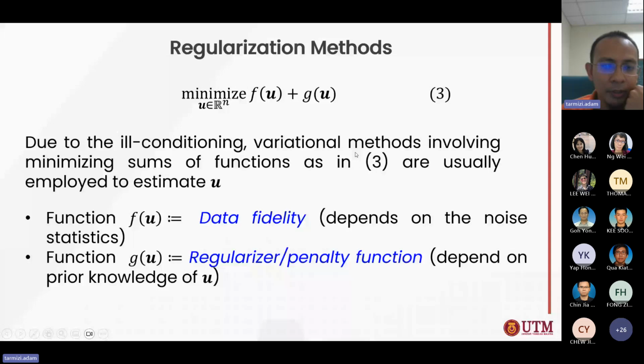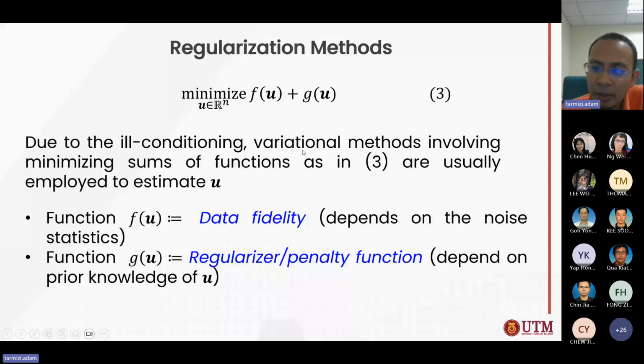The function f, in the image processing literature, we call the data fidelity, which depends on the noise statistics of the corrupted image. And the function g, we call the regularizer or the penalty function.